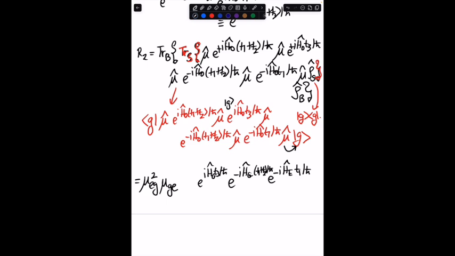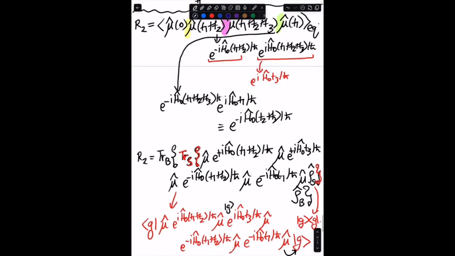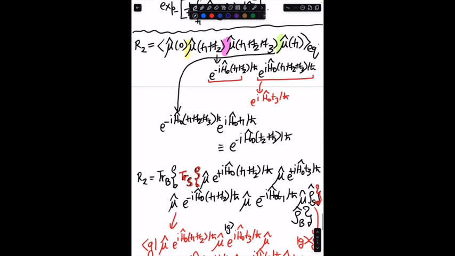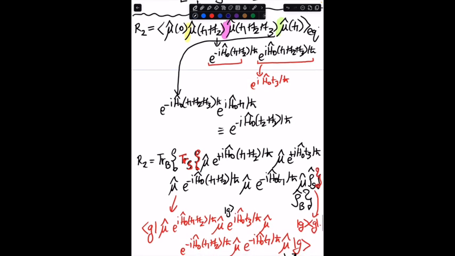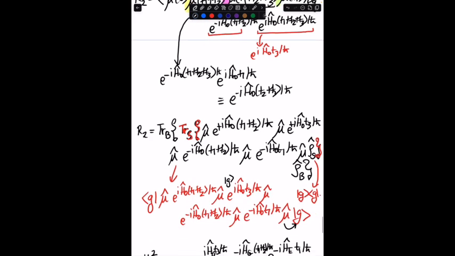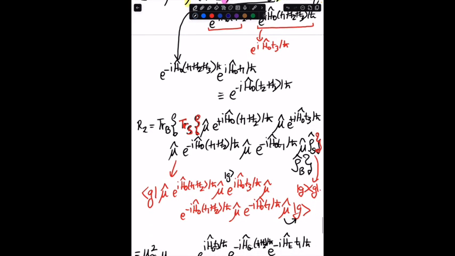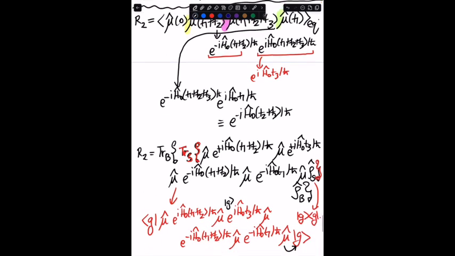Okay, I have an extra dipole operator. I don't know why. So you have one, two, three.